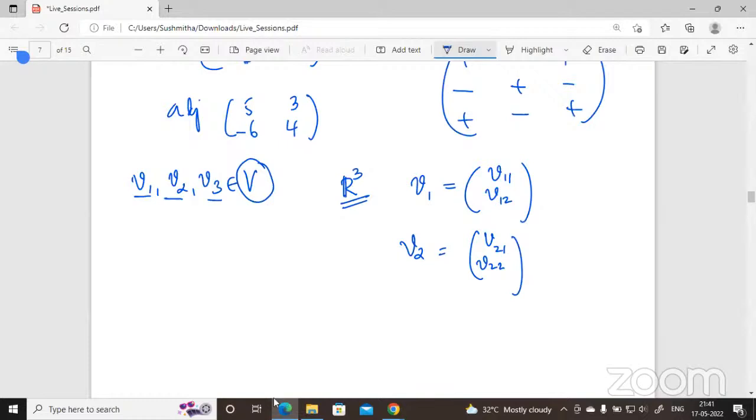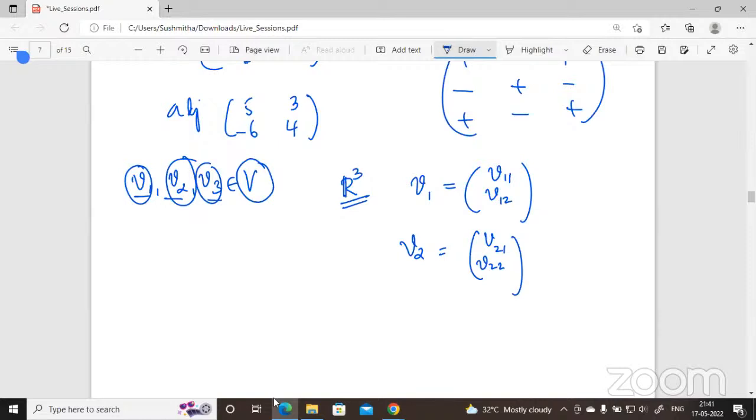So each one is a vector in R3, meaning each one has 3 components. We usually take vectors as column vectors.